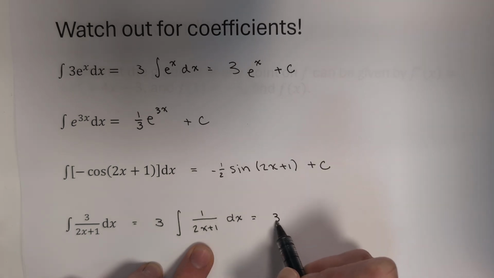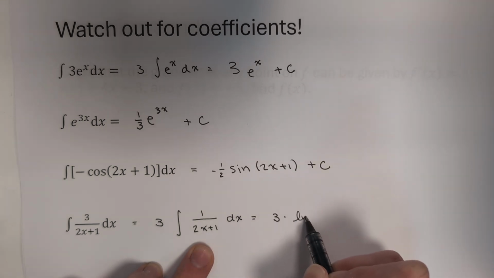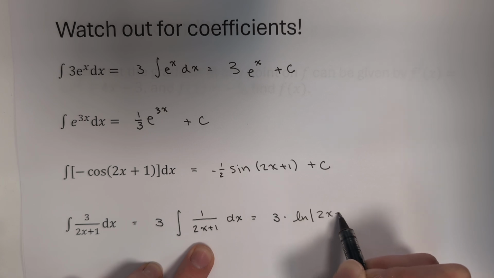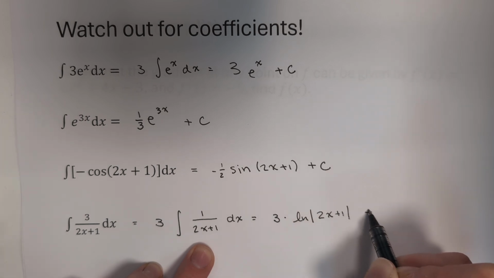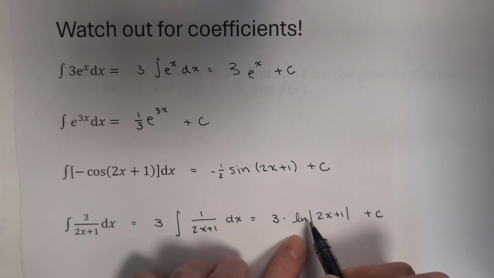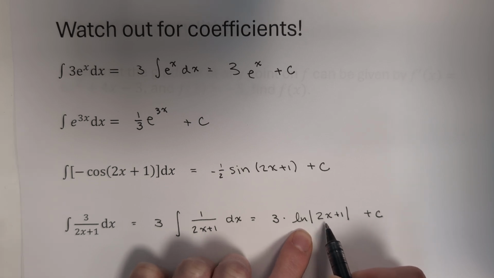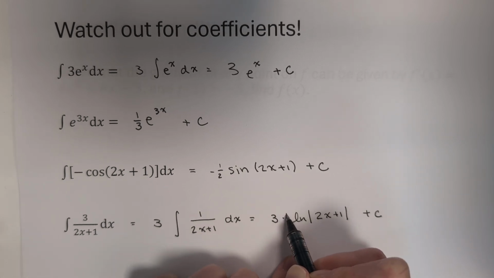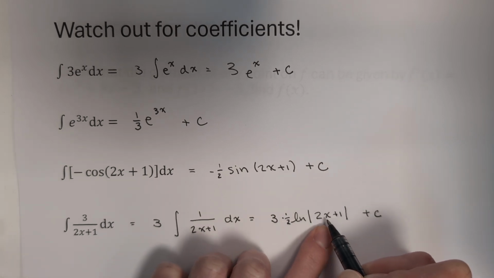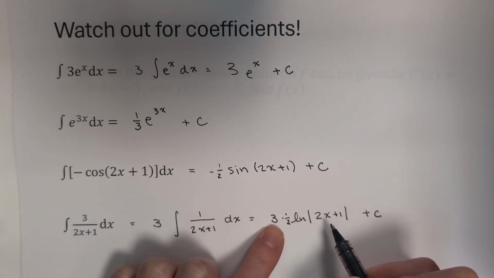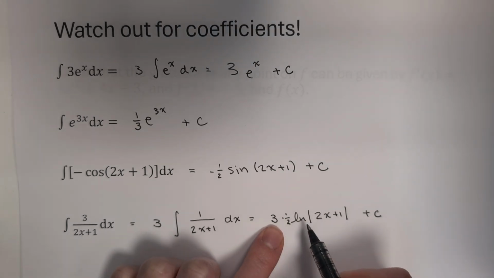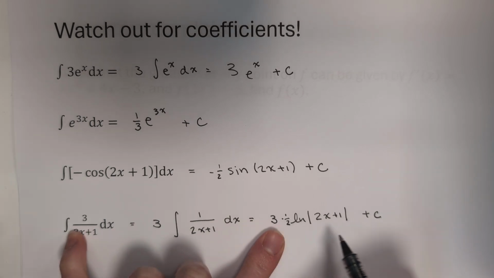So I'm going to start writing here 3 times ln, absolute value of this. But you do need to make sure that you pull out this half here. Because if you were to recheck it with the derivative, you'd multiply by the 2. So you need to make sure that when you complete the derivative, you're going to get this original function.